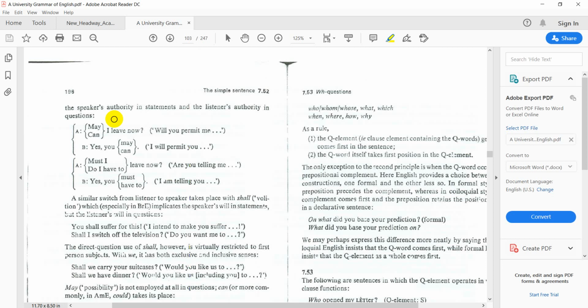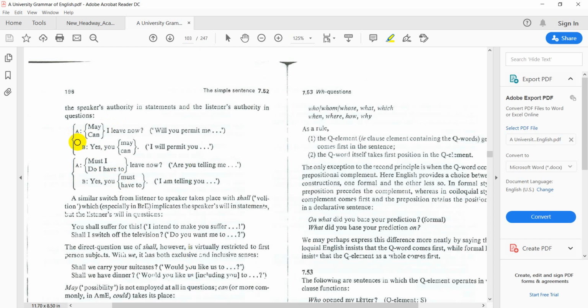So the replying is in the form of a statement, while the listener is going to ask for request, for permission. So it is the listener's authority in asking the question.